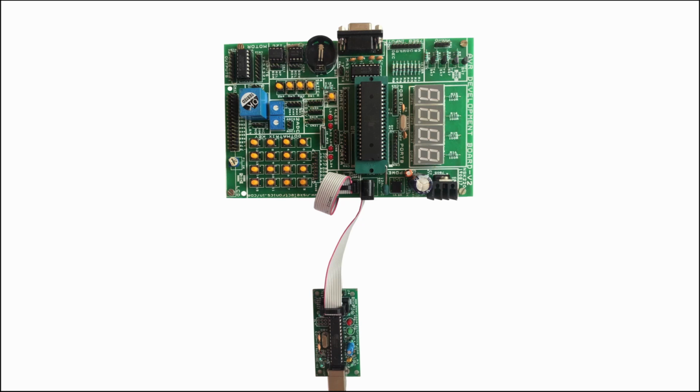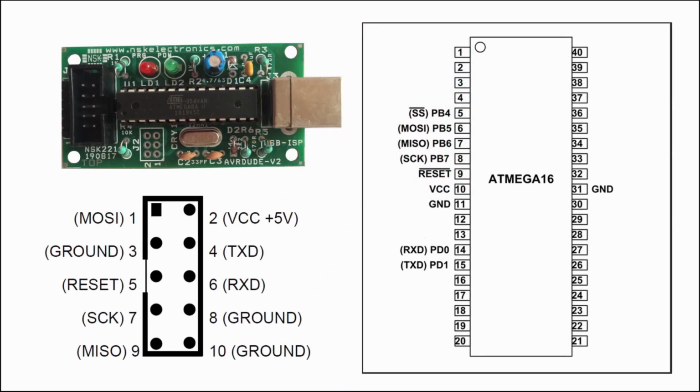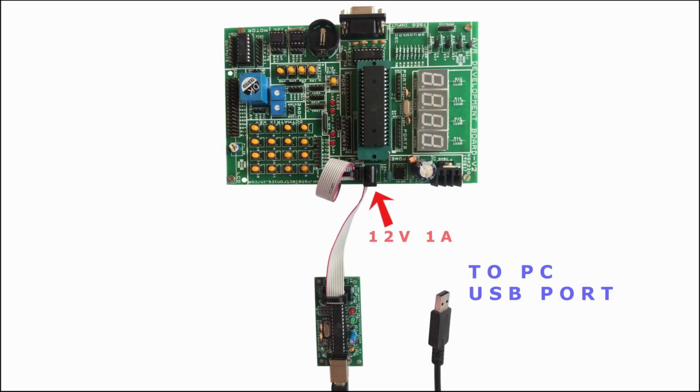If you do not have a development board, or if your development board is not showing this JTAG terminal, you can directly connect the terminals of the USB ASP programmer to your microcontroller pin nodes as per this circuit diagram. And you can build this circuit on a breadboard for programming your Atmega 16 microcontroller. After that, power up your development board using an external 12V 1A adapter.